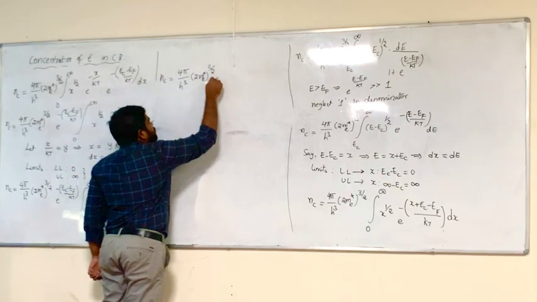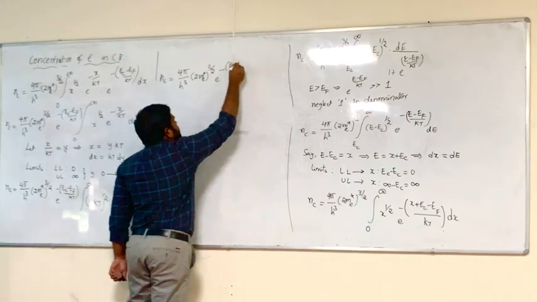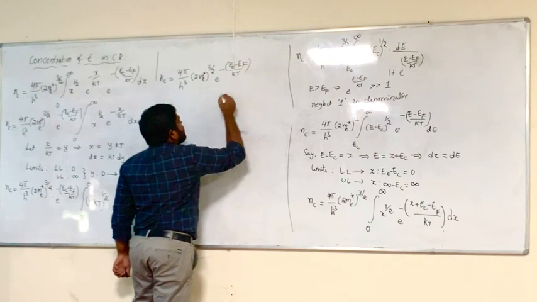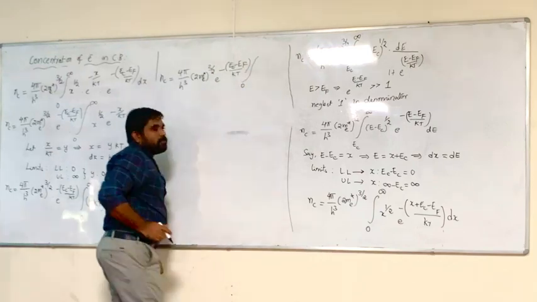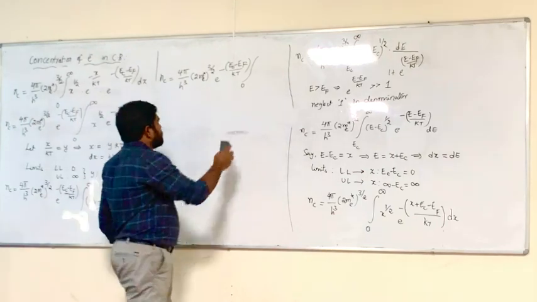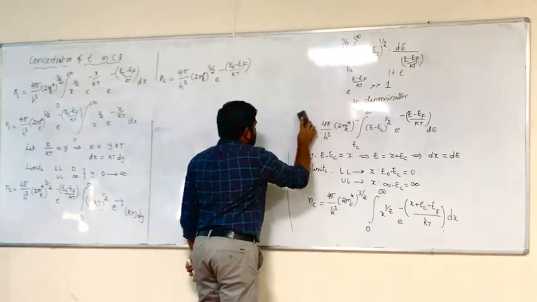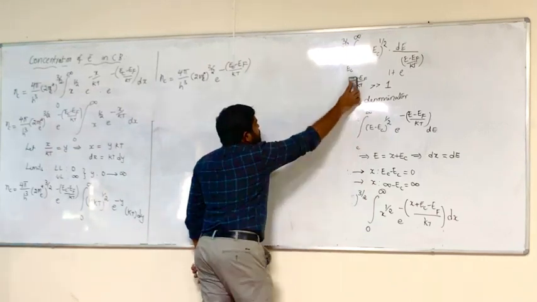3 by 2 e to the power minus epsilon minus ef by kt, integral 0 to infinity. Constant is there, no? Constant is kt to the power 3 by 2. Let us take out kt to the power 3 by 2 as constant.